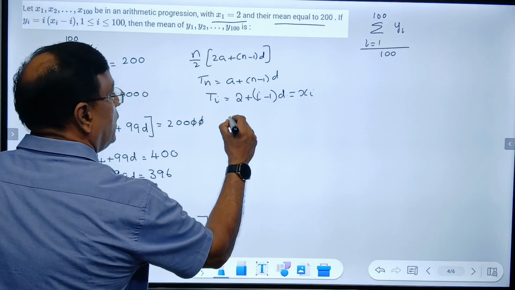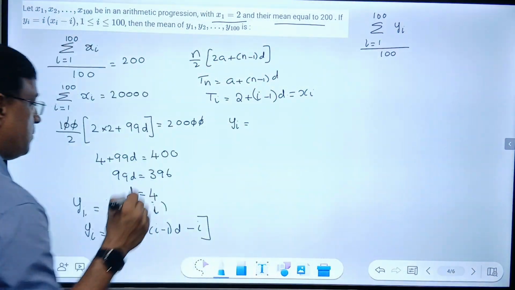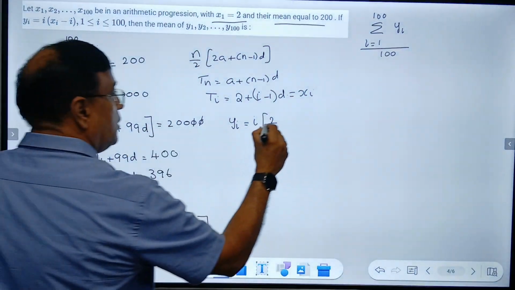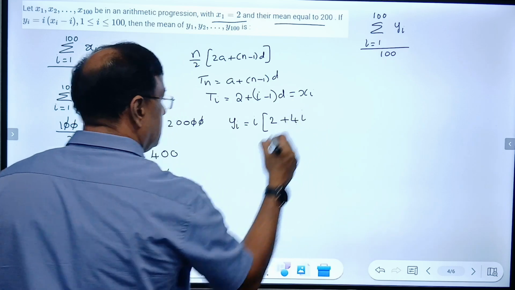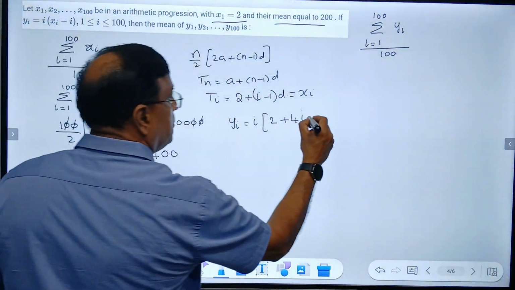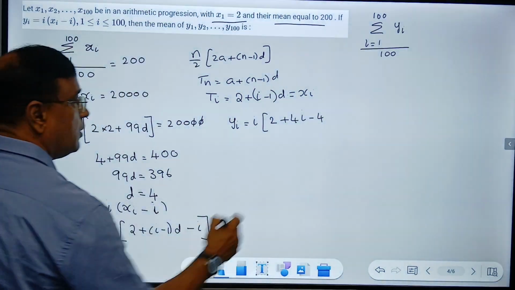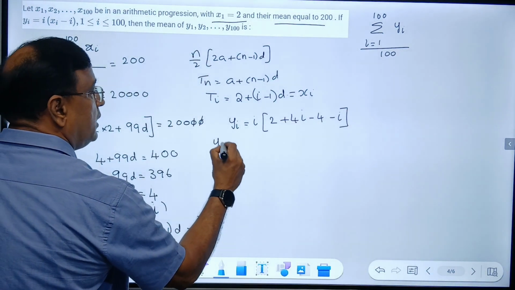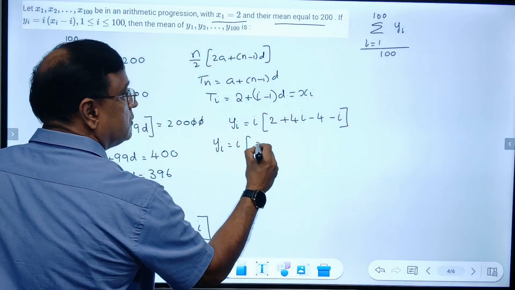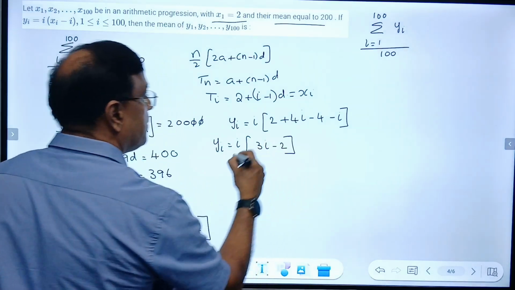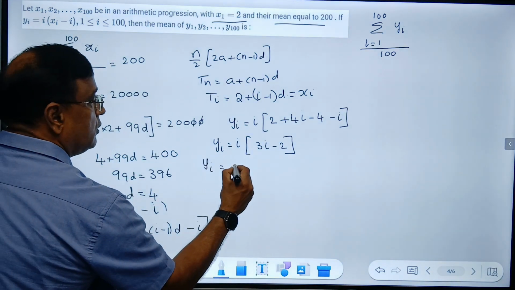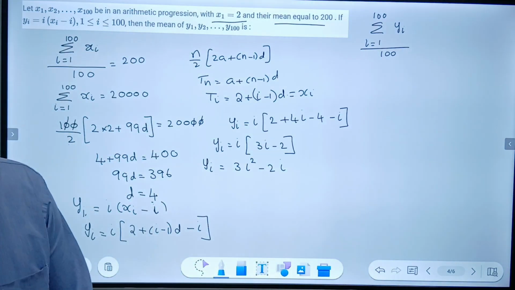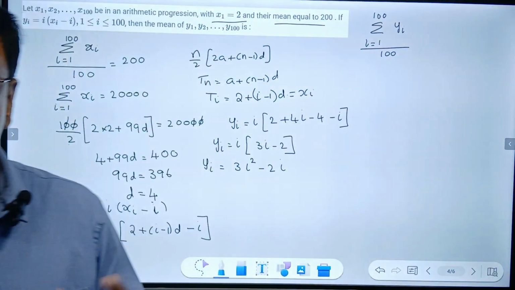So yi equal to i into (2 plus 4i minus 4) minus i. So what are you left with? yi is i into (3i minus 2). So what is yi? It will be 3i square minus 2i. 3i square minus 2i. I hope this is clear.